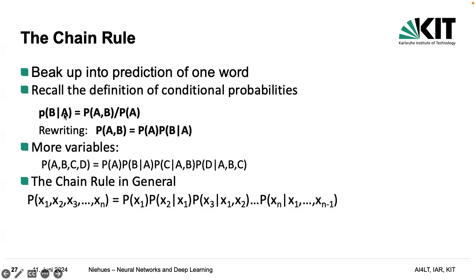The probability of B given A is the probability of A and B divided by the probability of A. I hope you all know this from your statistics and probability theory.